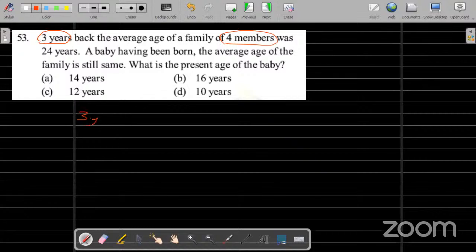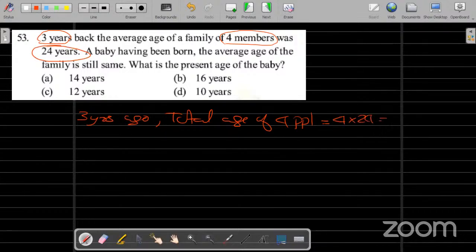3 years ago, the total age of 4 people equals 24 into 4, since the average age was 24 years then. So 4 members, 4 into 24, that is equal to 96 years.